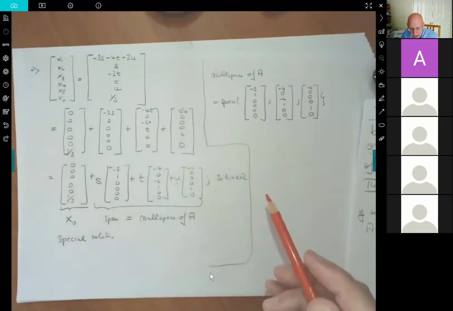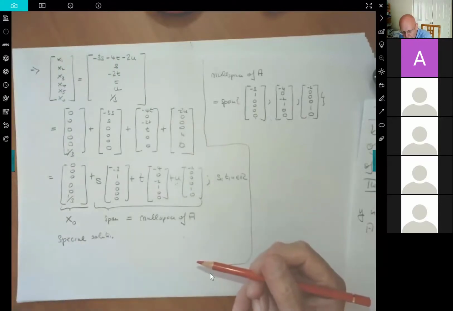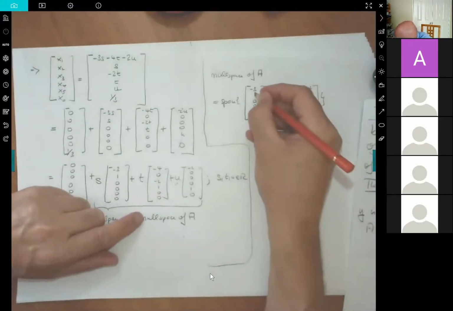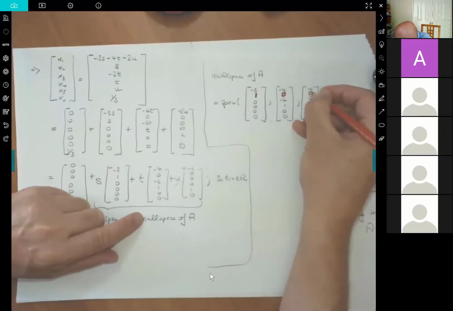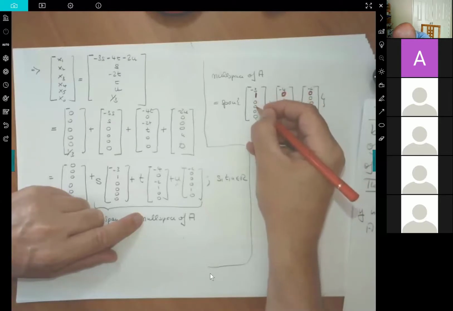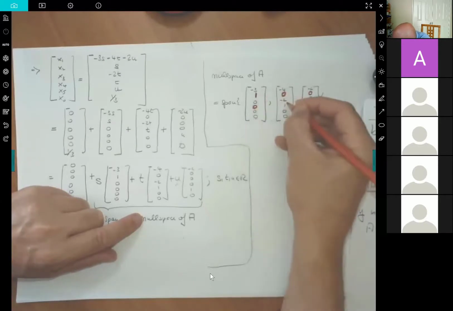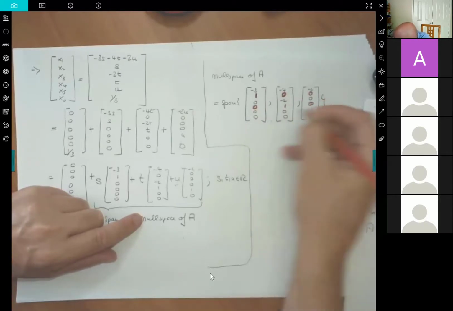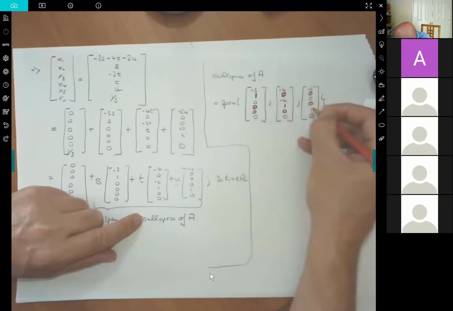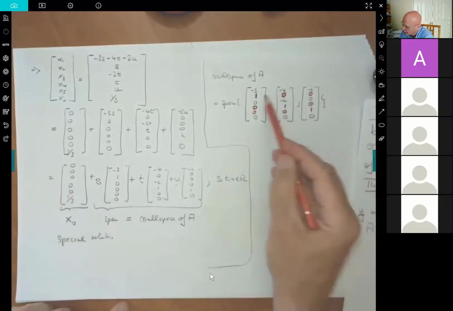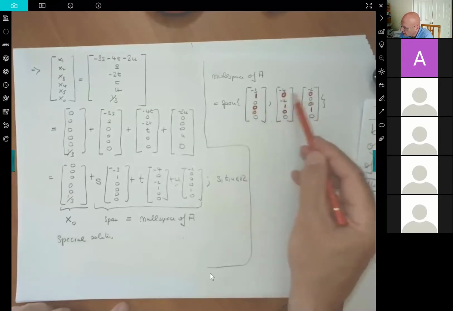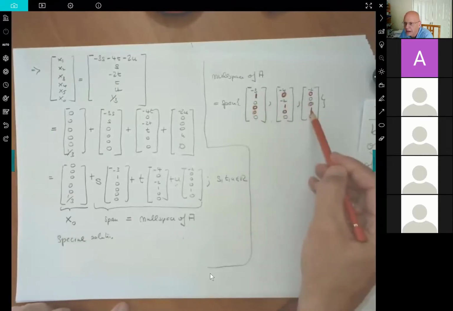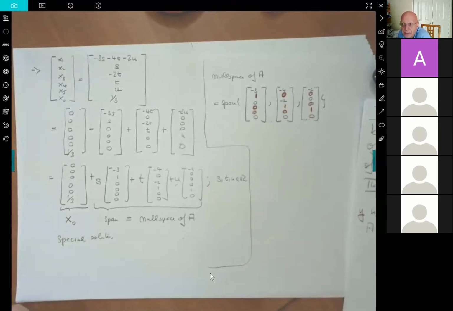So now the rows were 2, 4, and 5. So if you only look in rows 2, 4, and 5, what we see is an identity matrix.